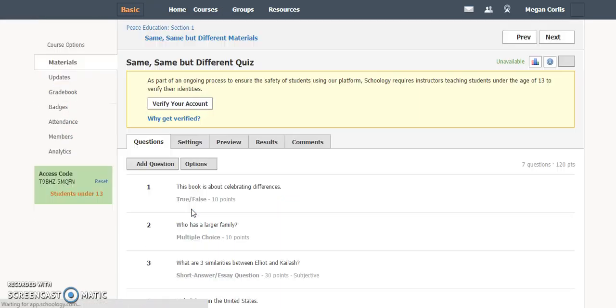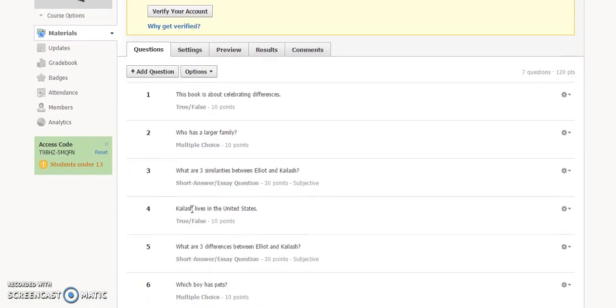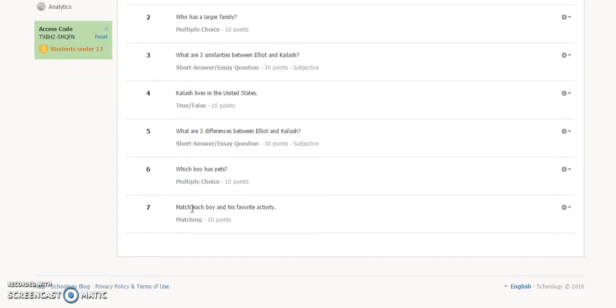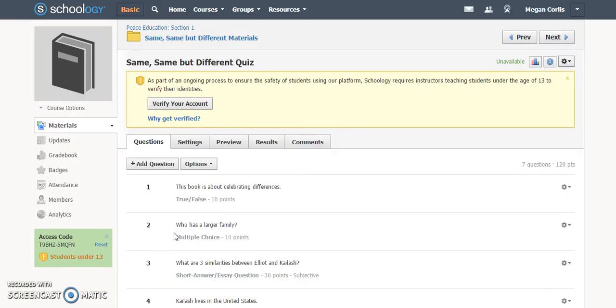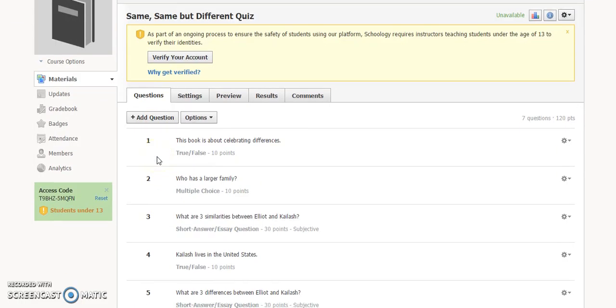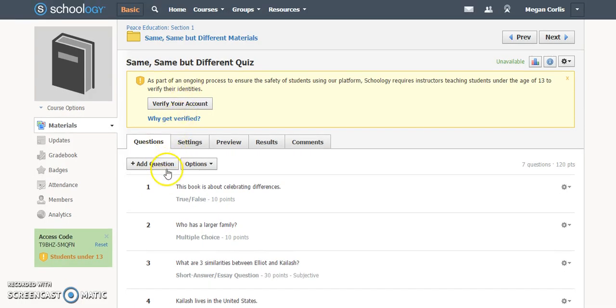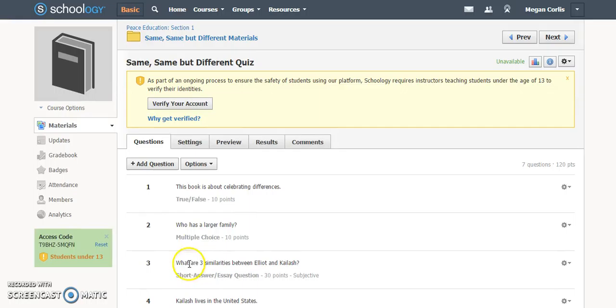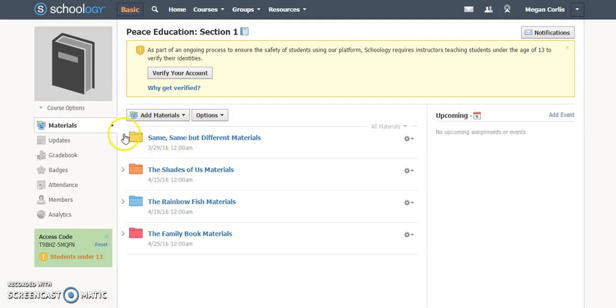The next thing I have here is a quiz about the text to both focus on comprehension and to analyze some similarities and differences. Some of these are true-false, others are multiple choice, and others are short answer, so I included a combination of different options.